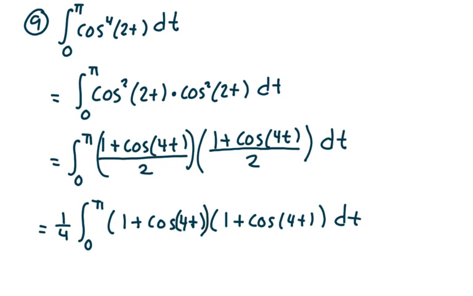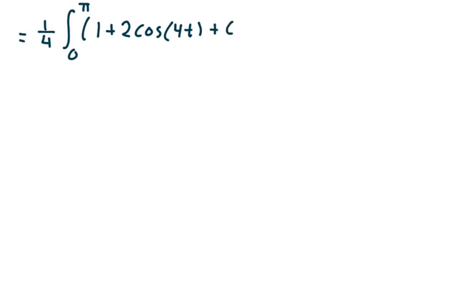From here, this is 1/4 the integral from 0 to pi, and I'm going to get 1 plus 2 cosine of 4t plus cosine squared of 4t dt.